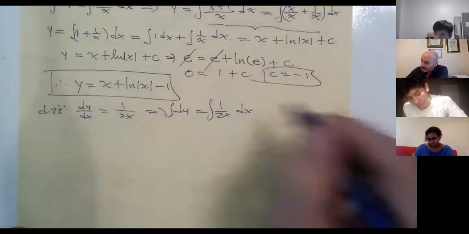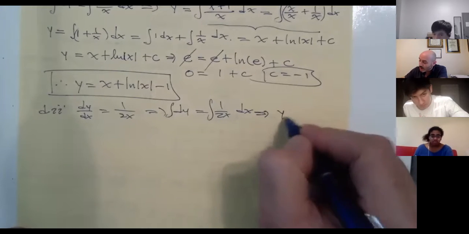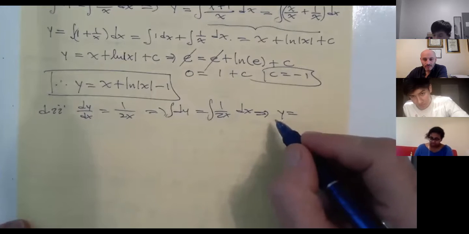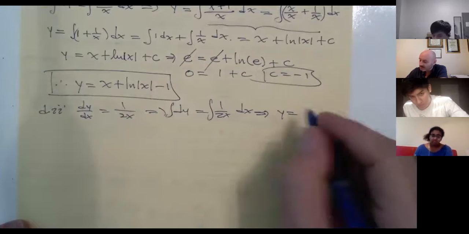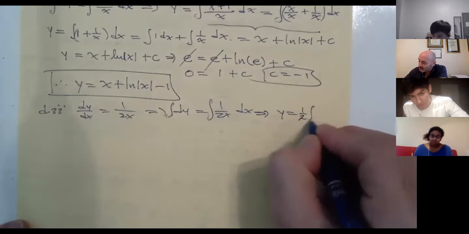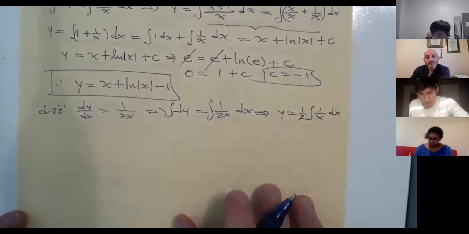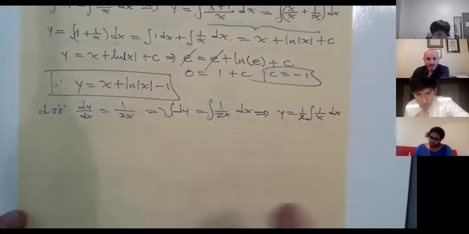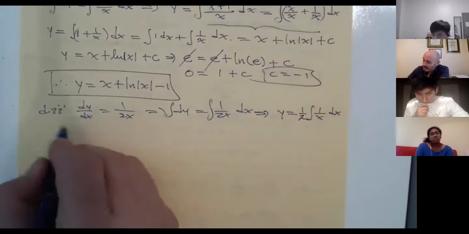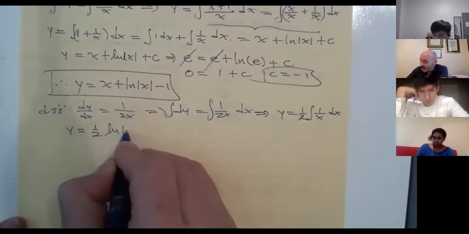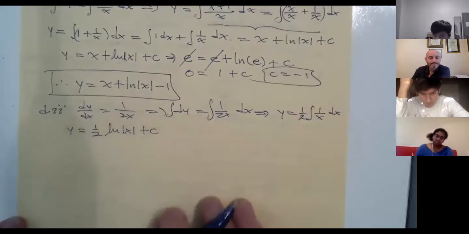Anti-differentiate on both sides, so you get y equals, and notice what I'm going to do. 1 over 2 is still a constant, so I'm going to take that outside the integral. Does it make sense? So I simplify, basically. Put the constant outside. Well, that's going to be y equals 1/2 ln of the absolute value of x plus c.